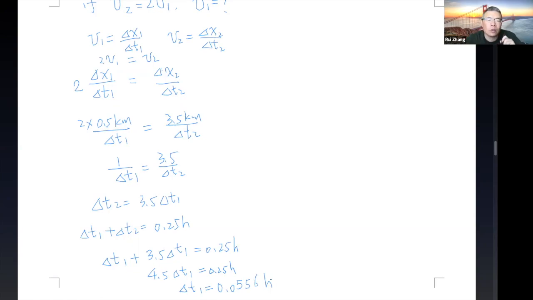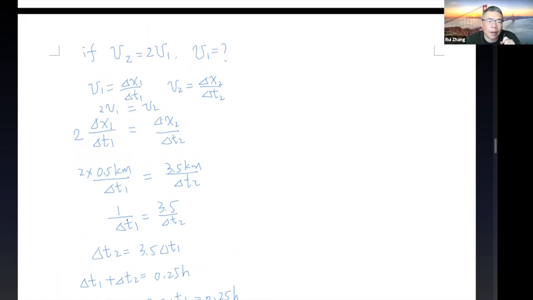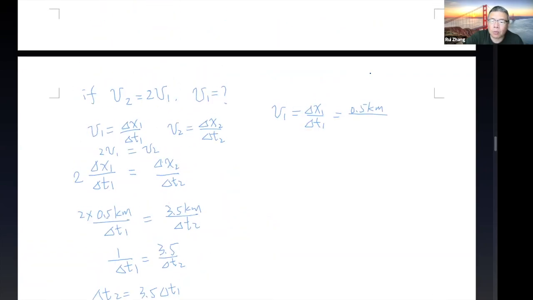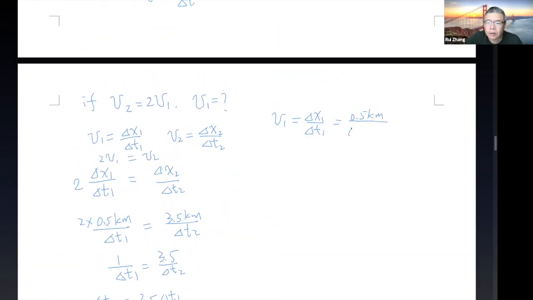And then now you know delta T1, right? So you can plug it back here to get your V1. V1 is just delta X1 over delta T1. So you have 0.5 kilometer divided by 0.0556 hour, so this roughly gives you about 10 kilometer per hour.